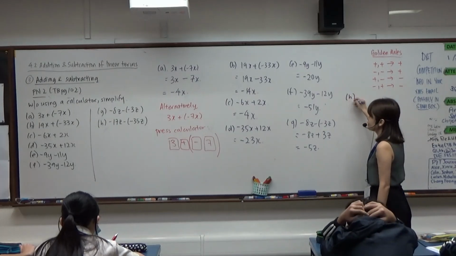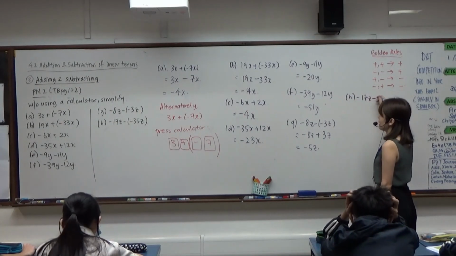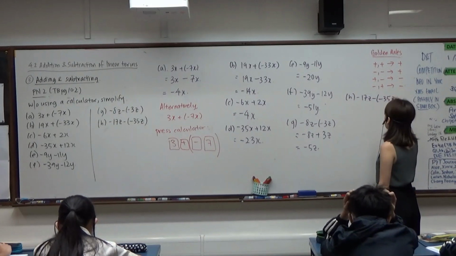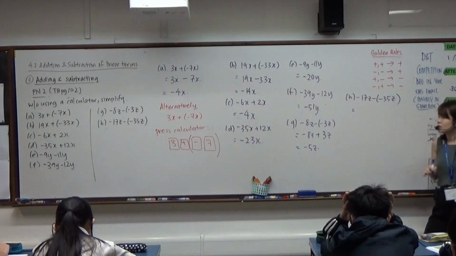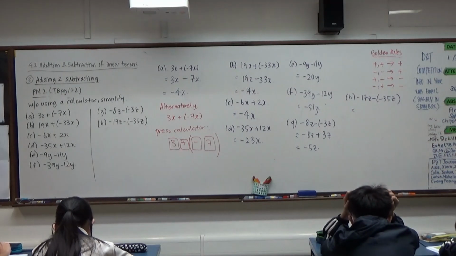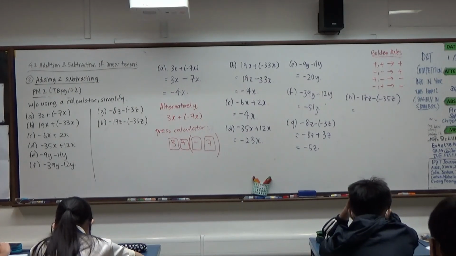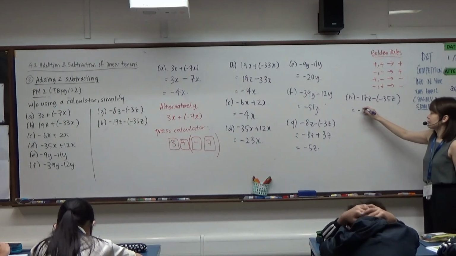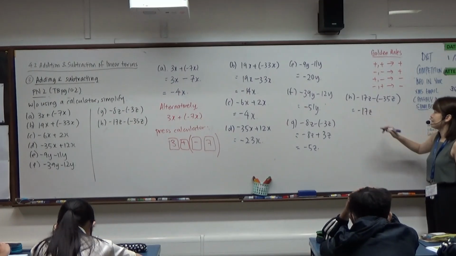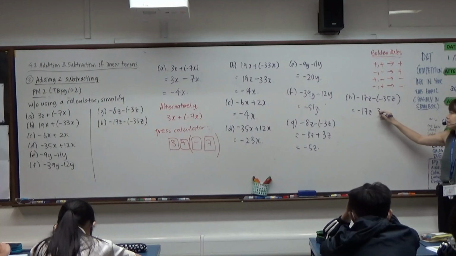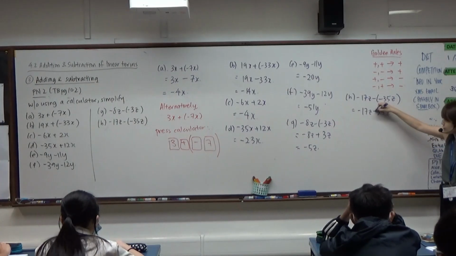Last one, part H. Negative 17z minus negative 35z. Okay, so what do we get next? Faith, what do you think? And 35z, or plus 35z.